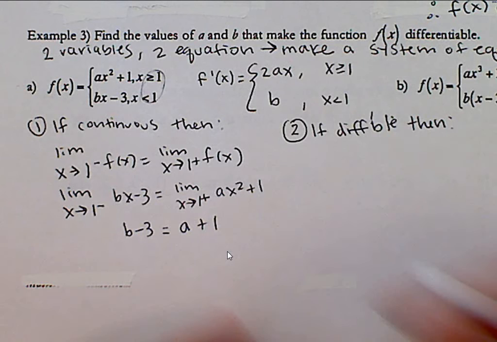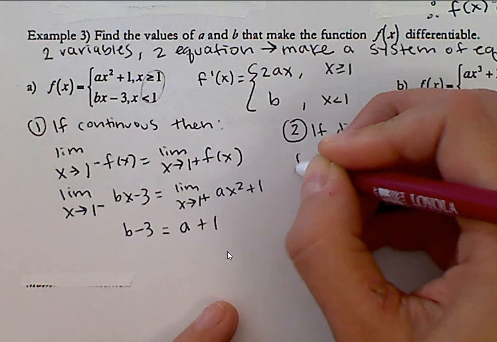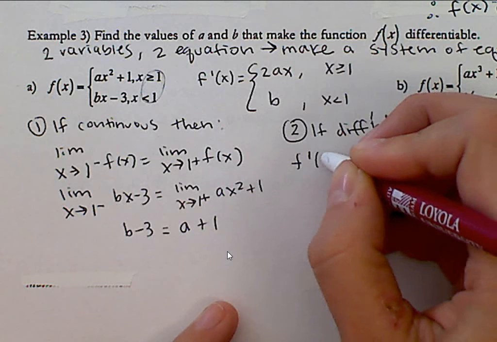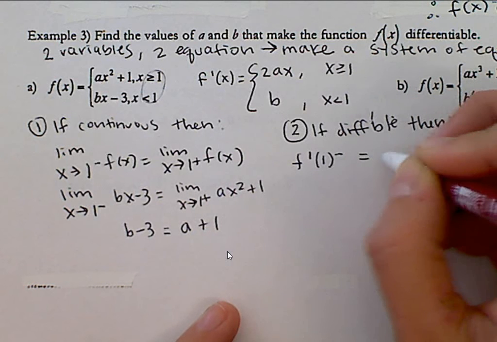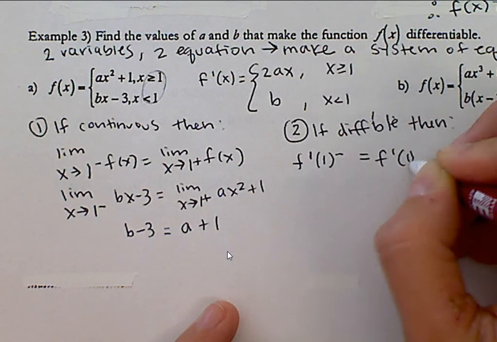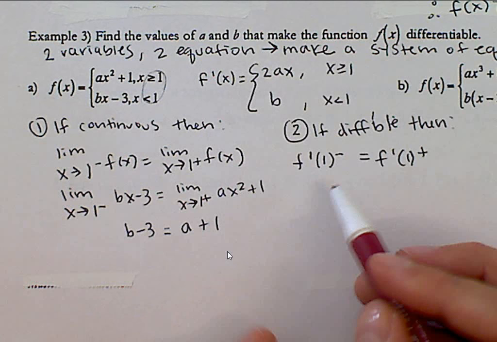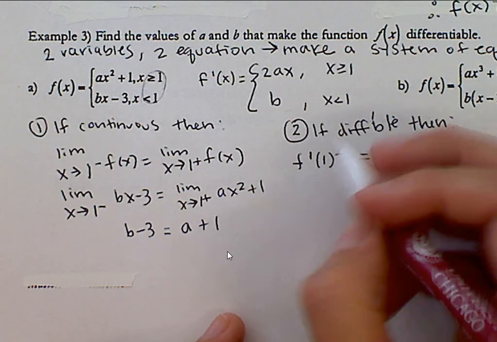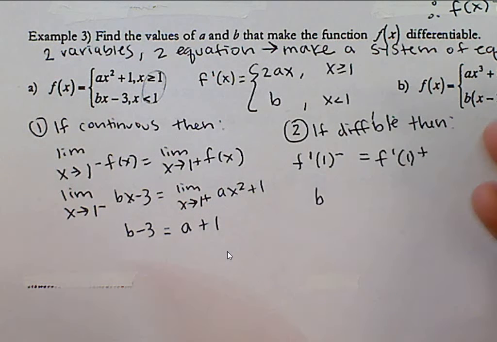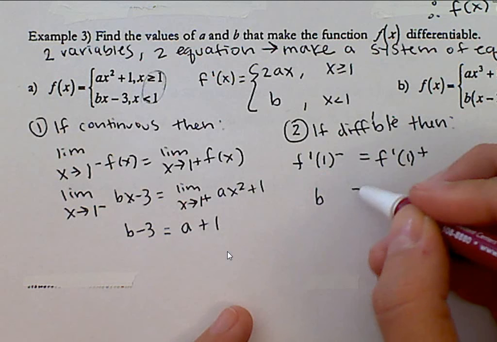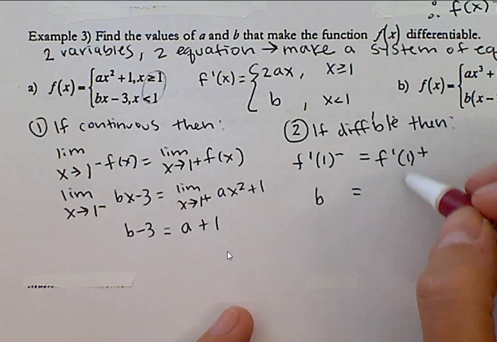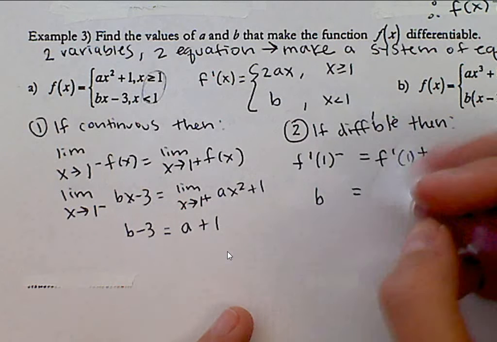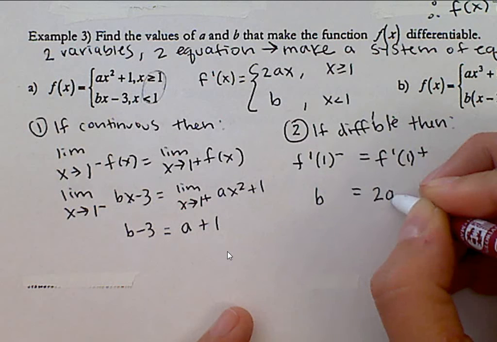I know that f prime of 1 from the left must equal f prime of 1 from the right. So f prime of 1 from the left would be this bottom function, which is just b. There's no x to plug into. And then f prime of 1 from the right would be the top function, and I'm going to plug 1 into there. So it's 2a times 1.